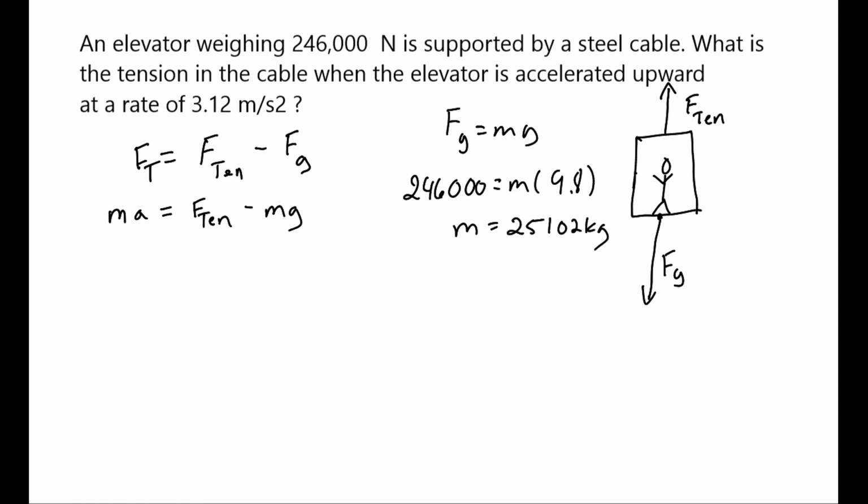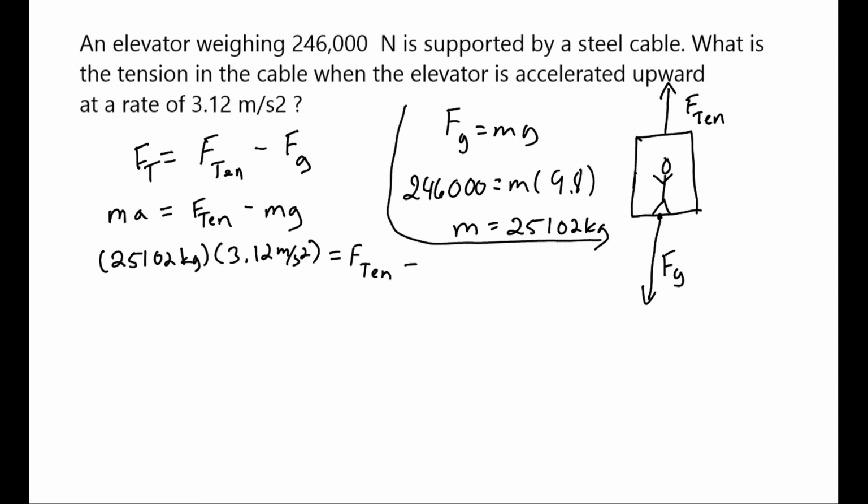Alright, so now I can start substituting things in. So we've got 25102 kilograms times 3.12 meters per second squared equals force of tension, which is what we're looking for, minus 25102 kilograms times 9.8 meters per second squared.